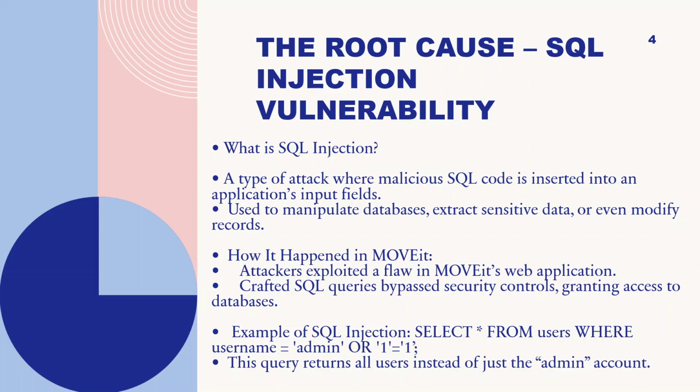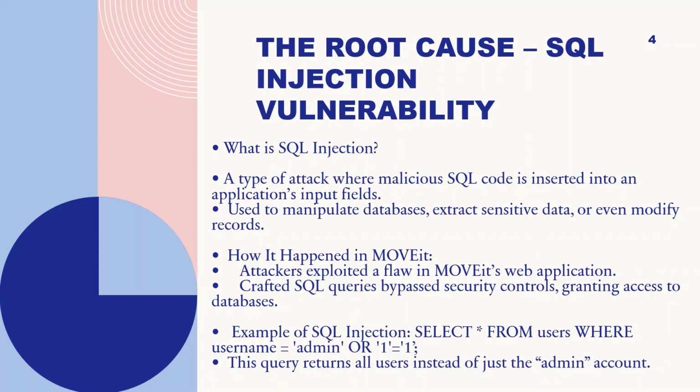So how it all happened: the attackers exploited a flaw in MOVEit's web application, crafted SQL queries and bypassed security controls, granting them access to the database. An example of an SQL injection is a method where you select everything from users. If you know the username is admin, you can gain access, because we have an OR statement saying 1 equals 1.